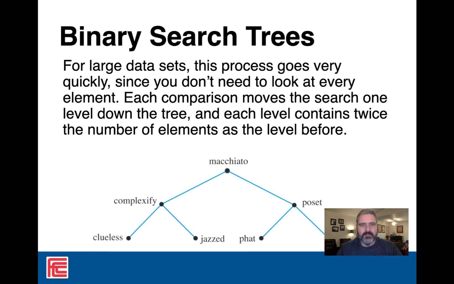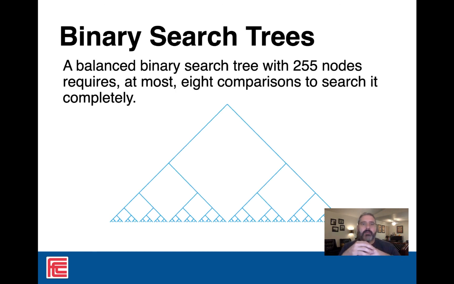But the thing is, right, as the data sets get larger, that gets better because every new layer of your binary search tree is going to have twice as many values, which means that if you had a balanced binary search tree with 255 nodes, right, 255 possible words, it would require at most 8 comparisons to search it completely.